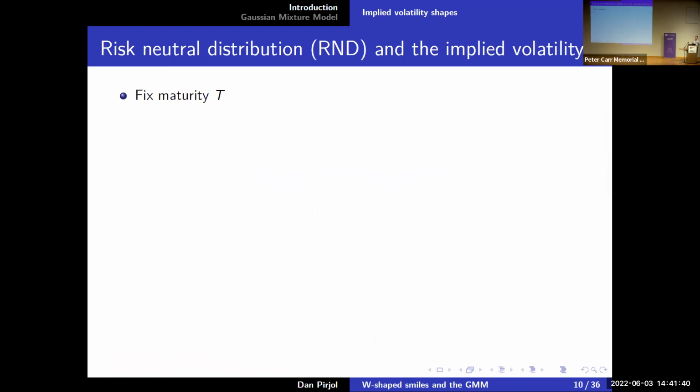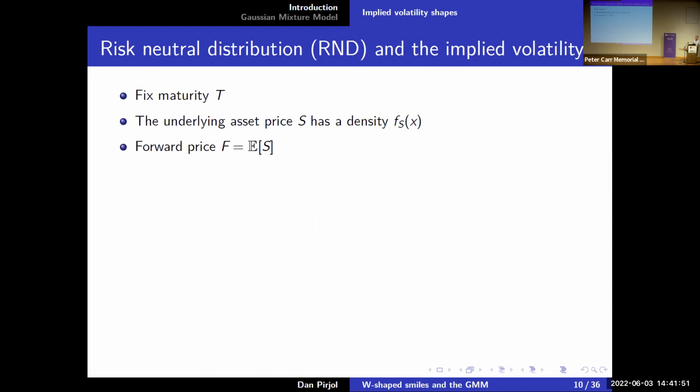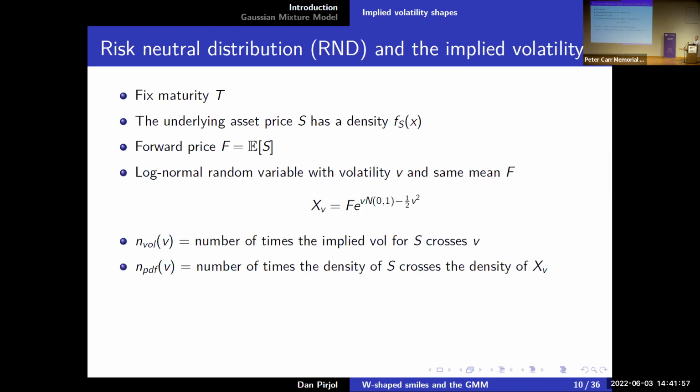Okay, we'll fix a maturity. I'll always work with a fixed maturity. The risk neutral density corresponding to that maturity will be denoted F sub S. The expectation of the asset price under this distribution is just the forward price. And then I'll look at a log normal distribution with the same mean as the forward price and the volatility V. And denote by N_vol the number of times the implied volatility under S crosses this level, and N_PDF the number of times the density of the risk neutral density crosses the density of the log normal.